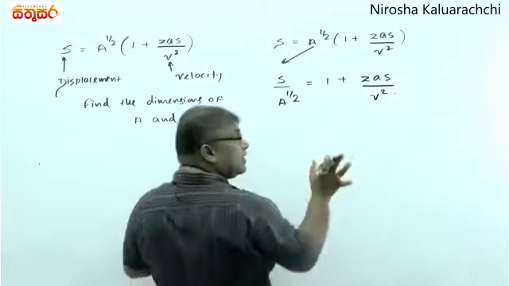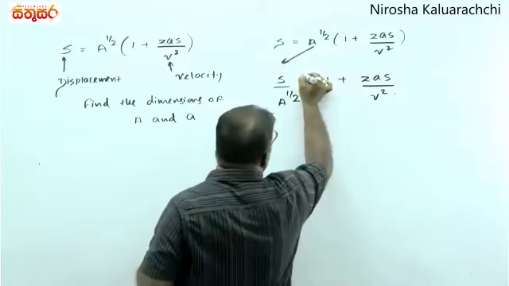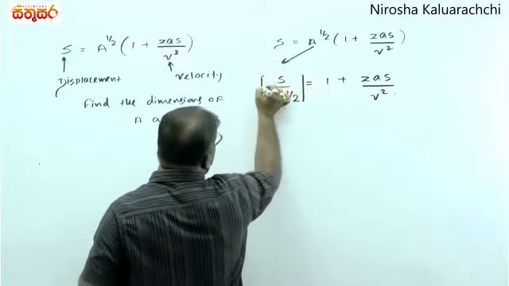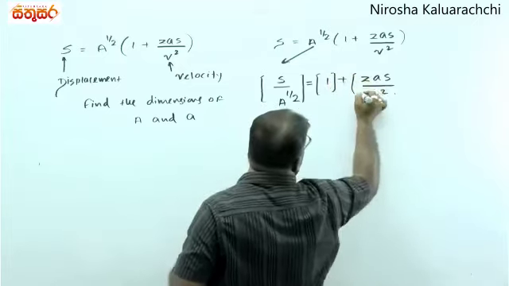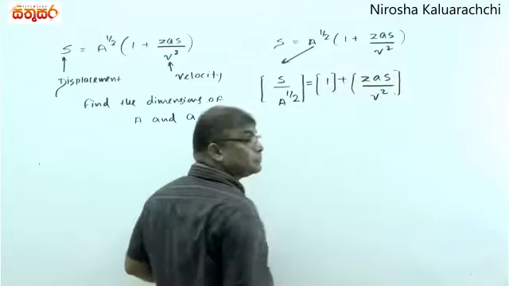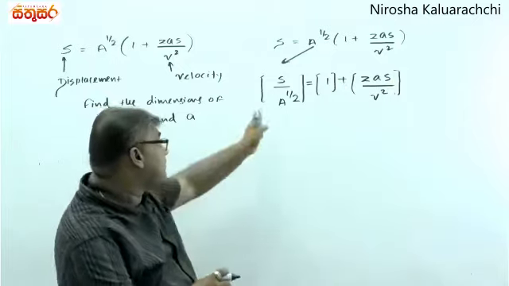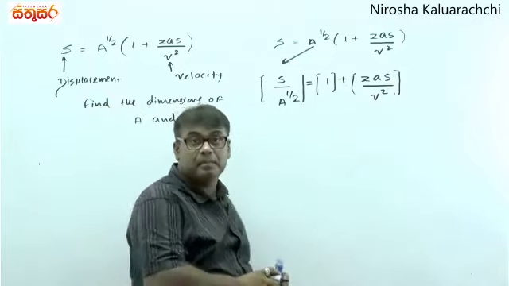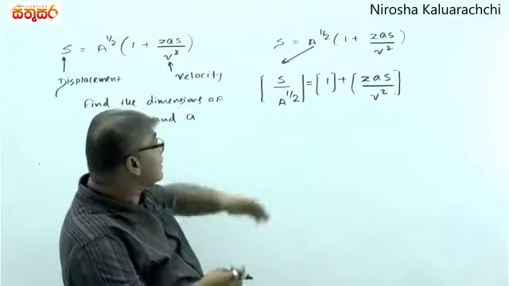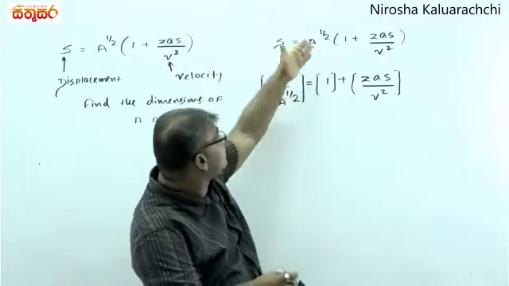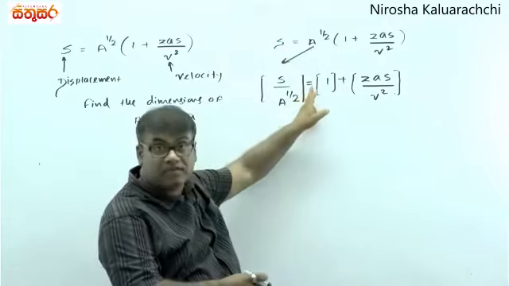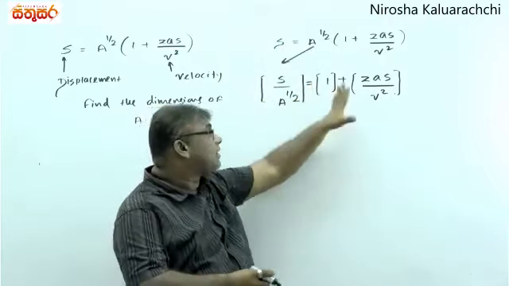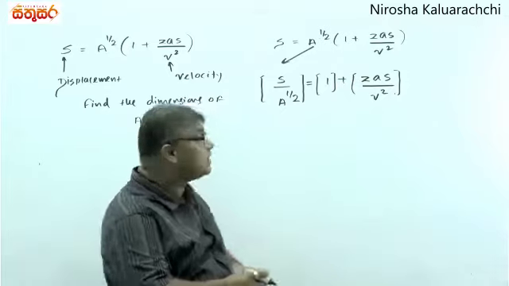Then this is an equation, so dimensionally this and this and this should be the same. Each function on the left side and right side should have equal dimension.